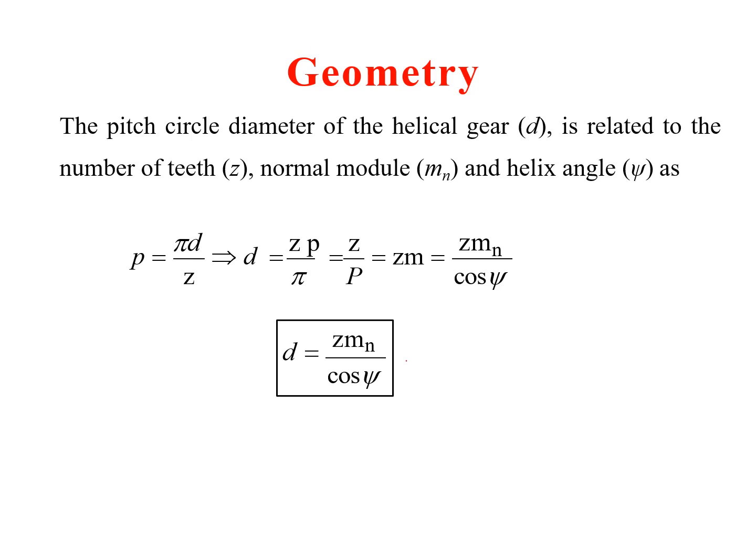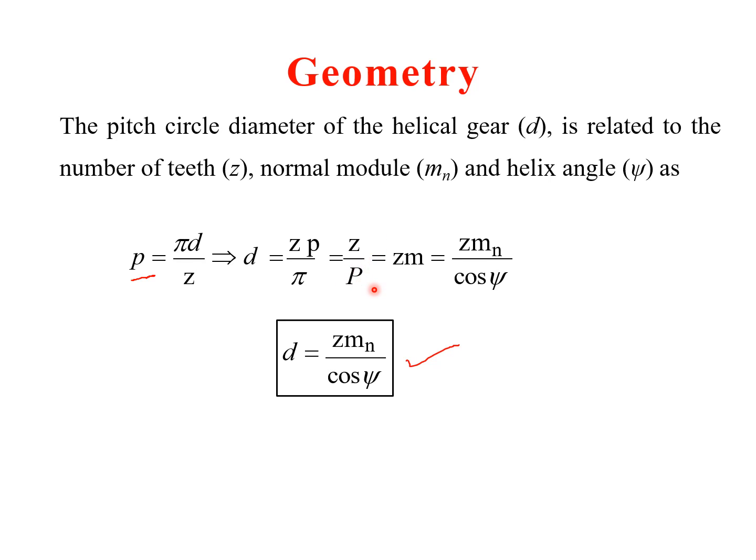Further, now we have to find the formula of d. We know that p, that is the circular pitch, is given by pi d by z, where d is the pitch circle diameter of the helical gear and z is the number of teeth. So pi d by z. So d can be written as zp by pi. Now pi upon p can be written as capital P, that is nothing but your diametral pitch.